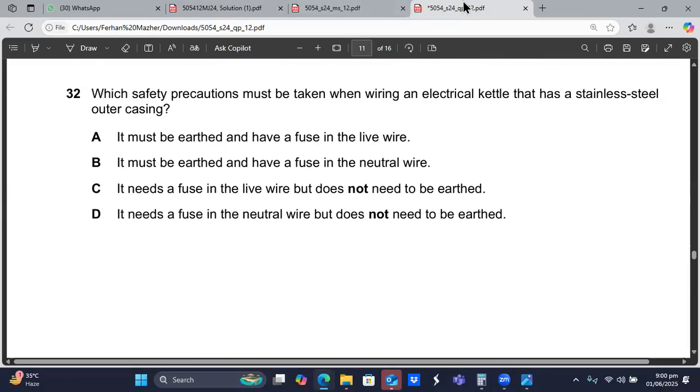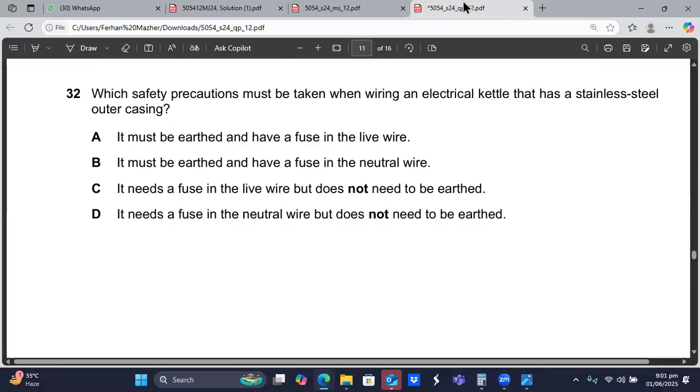Okay, so we are on question number 32. Which safety precautions must be taken when wiring an electrical kettle that has a stainless steel outer casing? Any machine whose outer casing is made of metal, the outer casing must be connected with the earth wire, the ground wire.